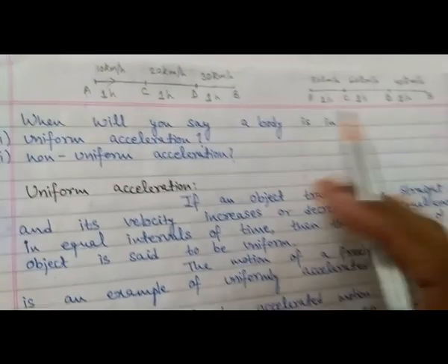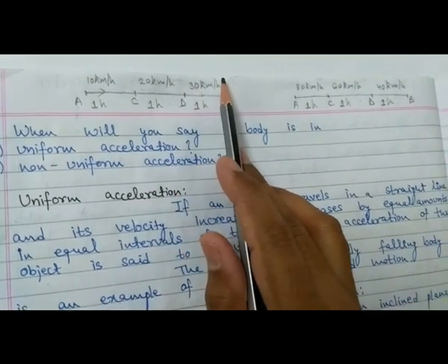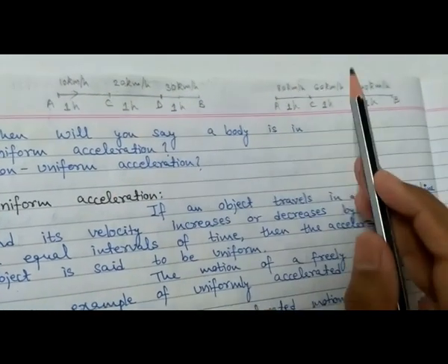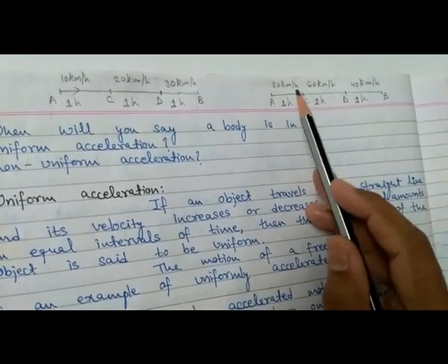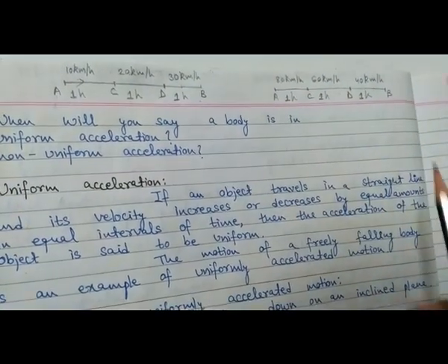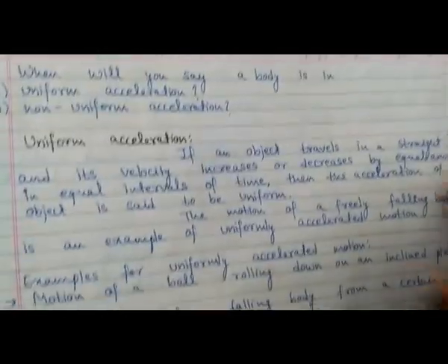Got it? There was an increment every time, and that increment was uniform. Here there was a decrement, and that reduction was of equal amount in every equal time interval, right?